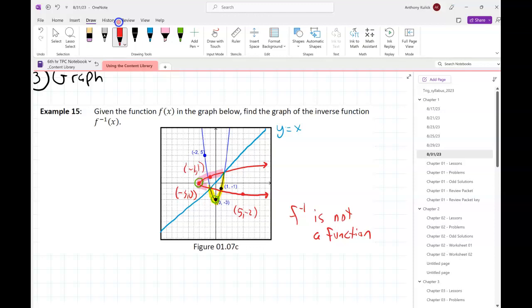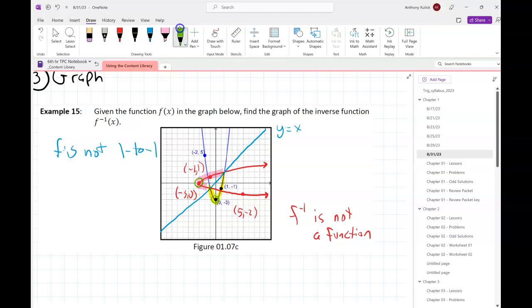Is it not one-to-one? Is it not onto? Is it not both? It's the one-to-one part. It turns out that f is not one-to-one.